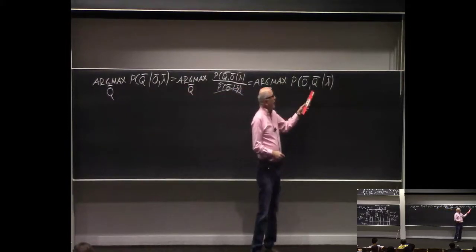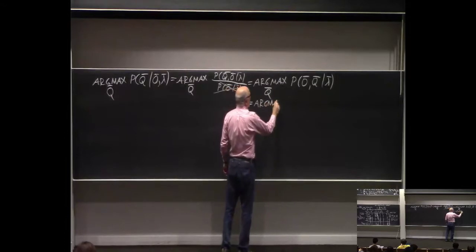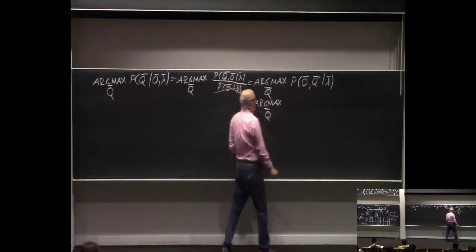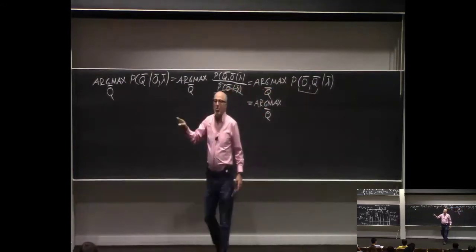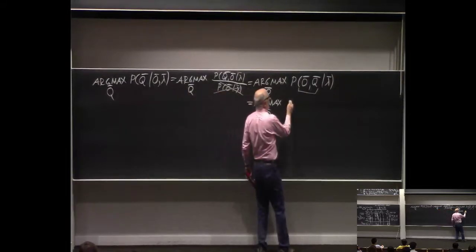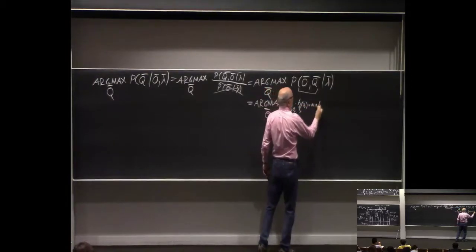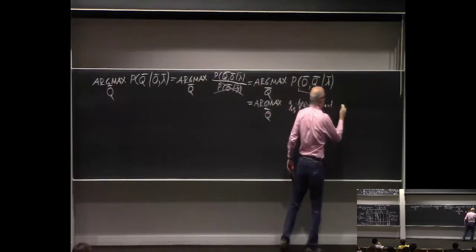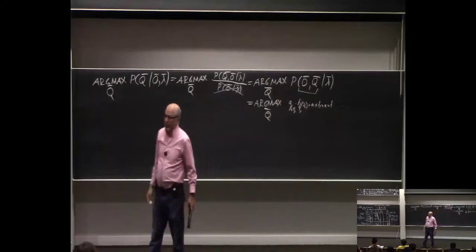What is this jointly? The naive way, I can say argmax over all Q's of, what is this probability? It's that long sequence of two T multiplications. A from Q0 to Q1 times B of Q1 of O1 times A times B times A times B. Remember that? It's out there, yeah.